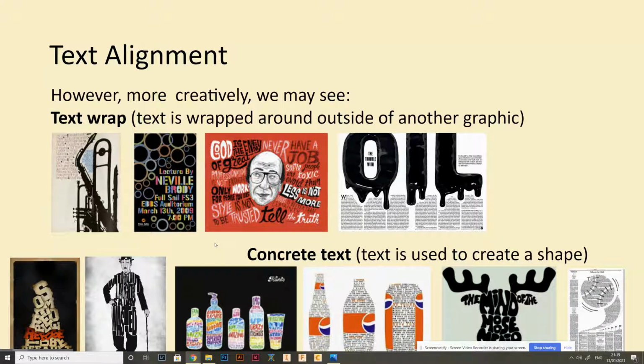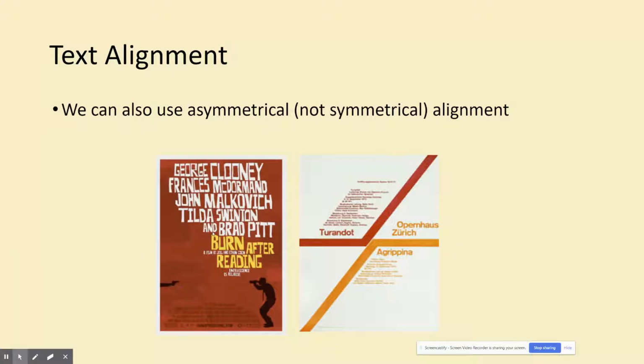And finally, we also have asymmetrical alignment. If we look at asymmetrical alignment, we'll see that it doesn't have a vertical or horizontal, well, it doesn't have a vertical line either side. And you couldn't even say that it has a central line that's kind of going straight down the middle of it that's aligned to. It's almost that the edge of the text is diagonal.